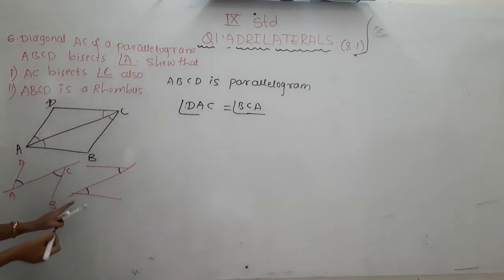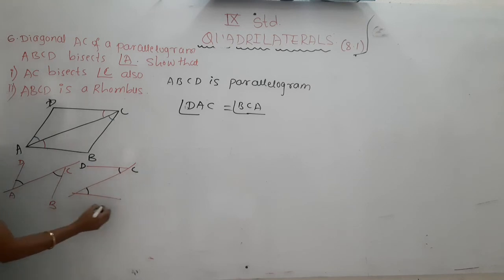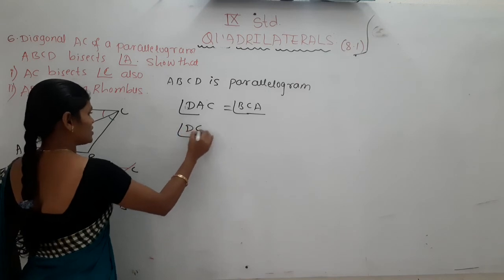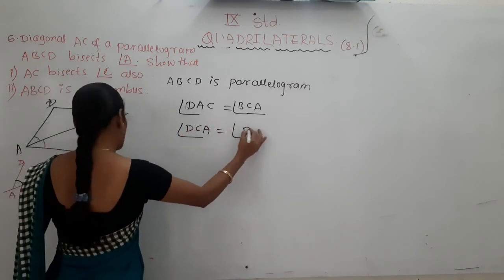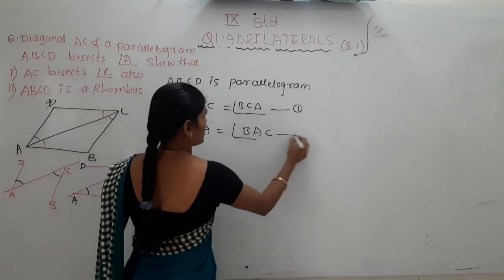In the same way, DC is parallel to AB and AC is a transversal, so angle DCA is equal to angle BAC. This is equation 1, this is equation 2.